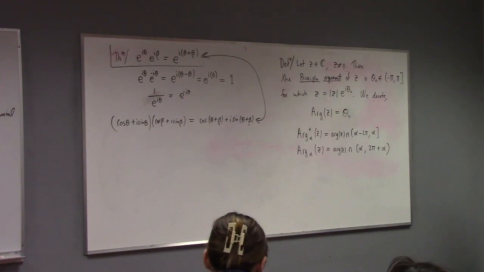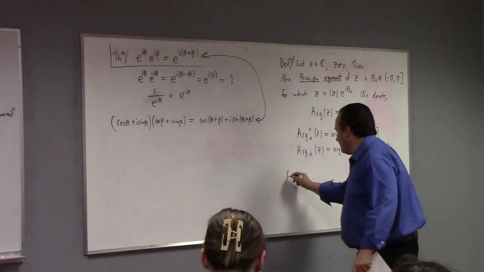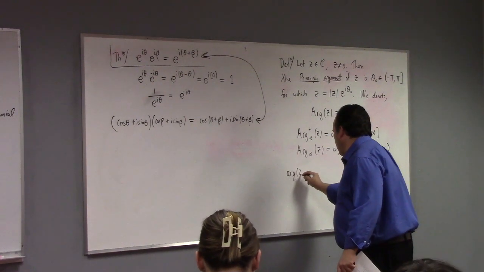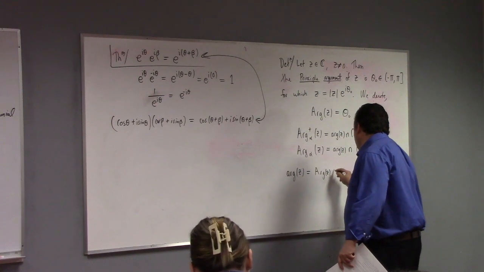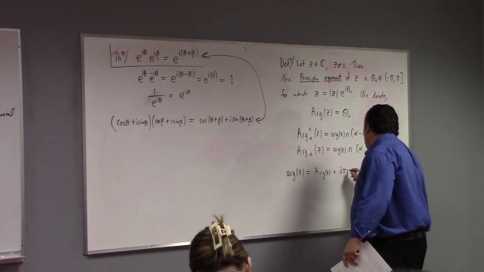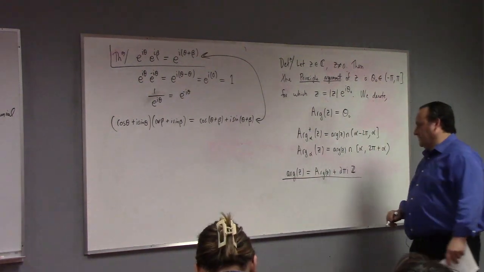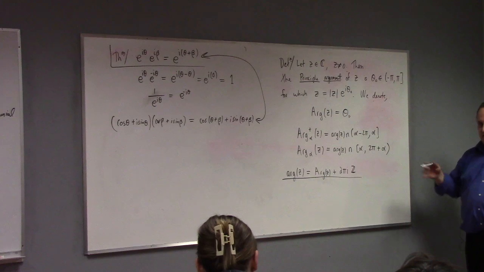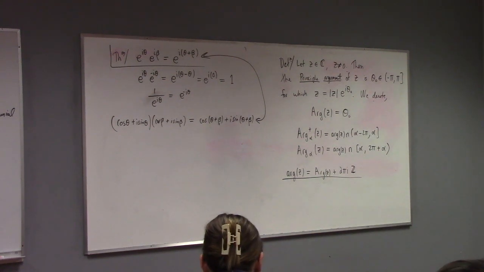Now here little arg of z is equal to big Arg of z plus 2 pi i times the integers. These are all definitions. Is that an intersection? Intersection.